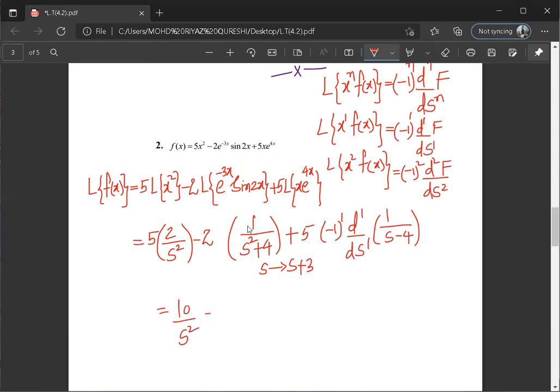Minus 2, 1 over s will be changed to s plus 3, so it will be s plus 3 whole square plus 4. Minus 1 whole power 1 time, so it's a minus 5 only. Now one time only derivative, d by ds of 1 by s minus 4. What is the answer?